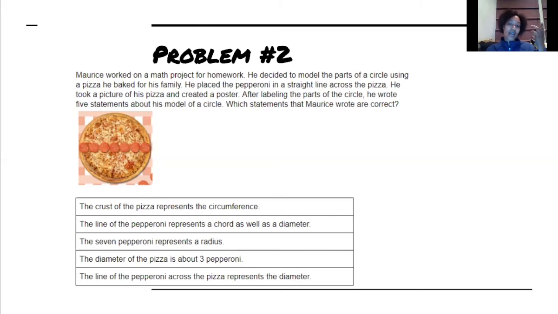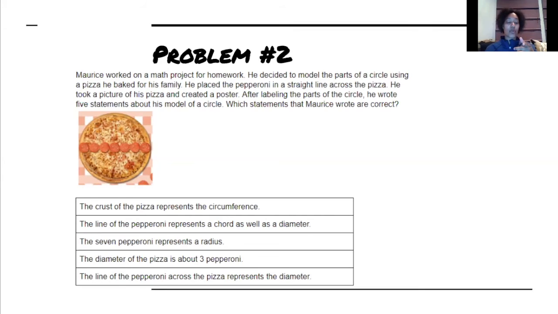So if we go back, we talked about the crust, and we said that the crust was the outside of the pizza. It looked like it measured the circumference. So the first one says the crust of the pizza represents the circumference. Okay. Now, the next answer choice says, let's look at the pepperoni. And we talked about the pepperoni.